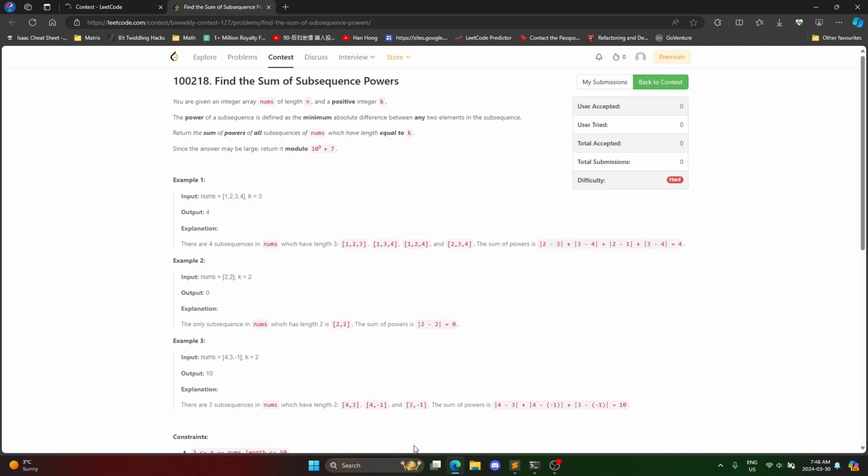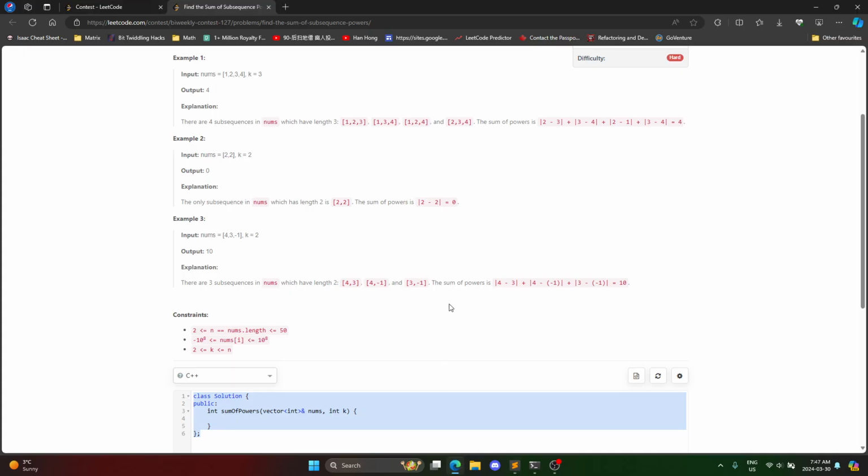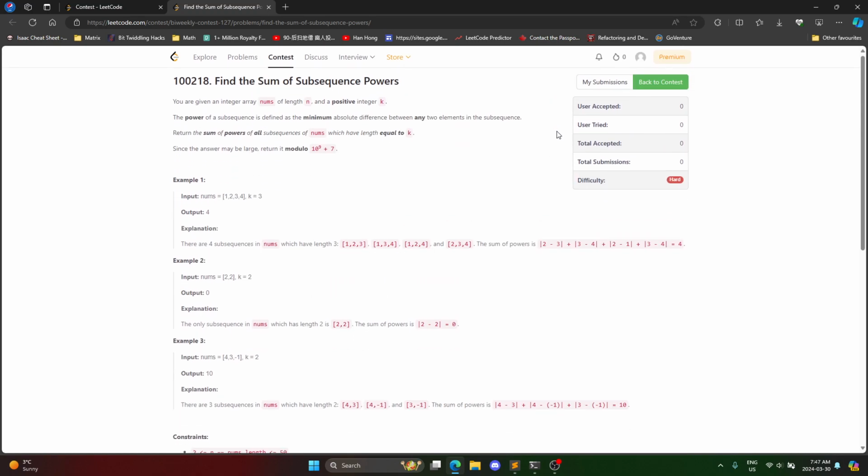I feel like this question's easier than I think it is. Yeah, but then I have to be careful with including other elements and making sure the other elements don't have a smaller minimum difference.